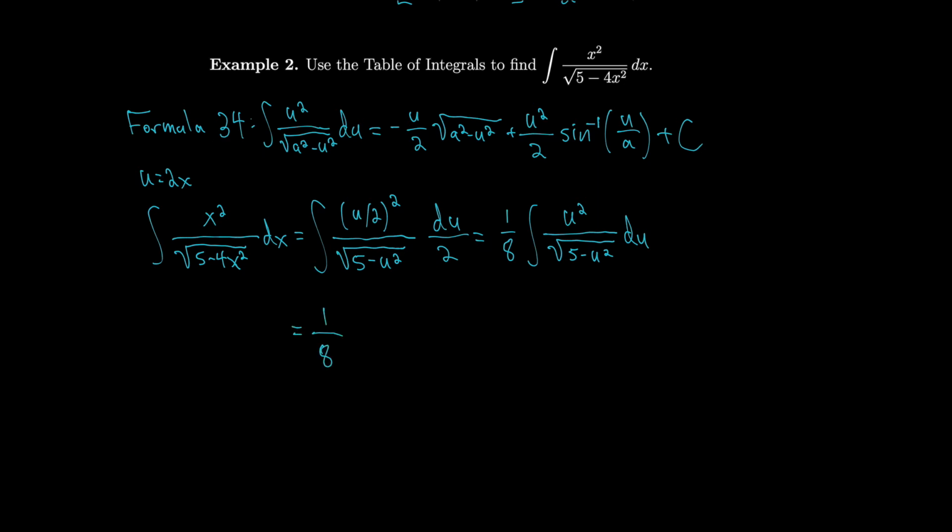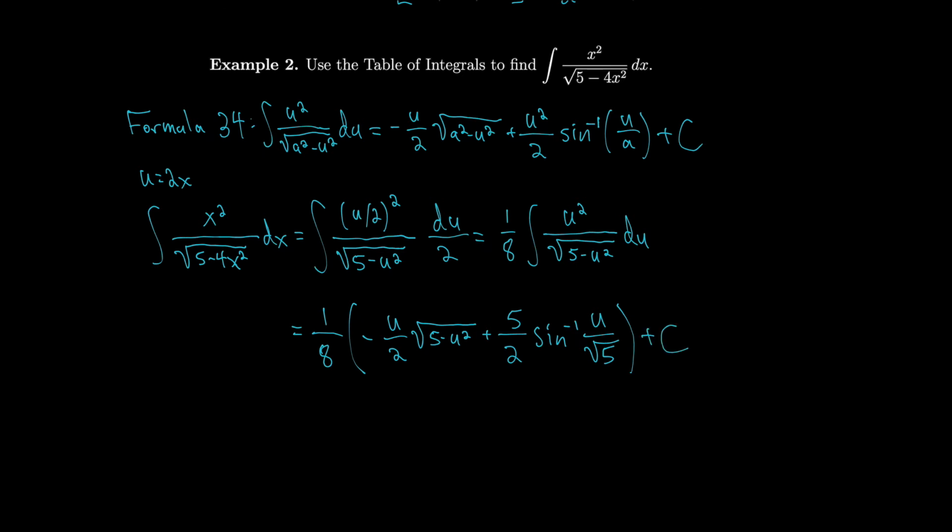We get 1/8 times minus u over 2 times the square root of 5 minus u squared plus 5 over 2 sine inverse of u over root 5 plus c.